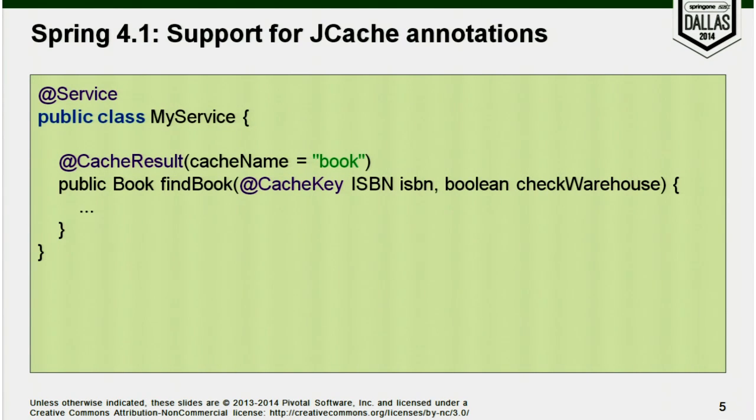We support this side by side. It's worth noting that those models do not replace each other. They complement each other. They can be used next to each other within the same application. We auto-detect the presence of JSR 107 the moment that you activate the processing of cache annotations in Spring and you have the JCache API on your classpath.